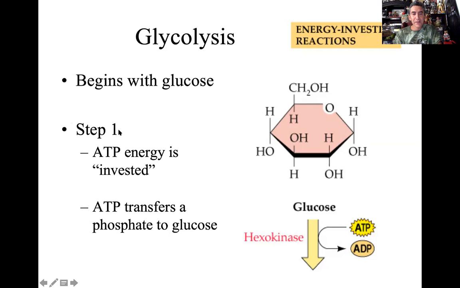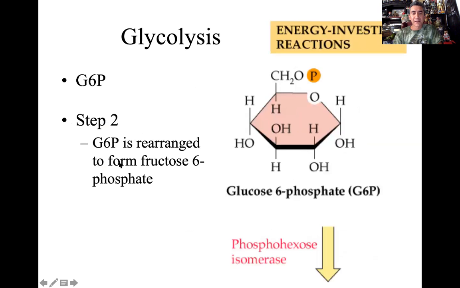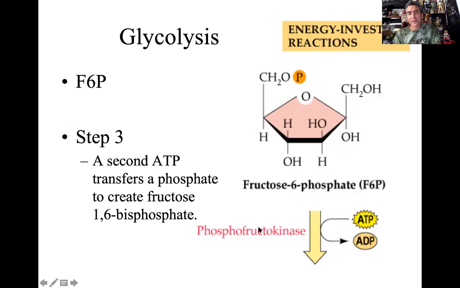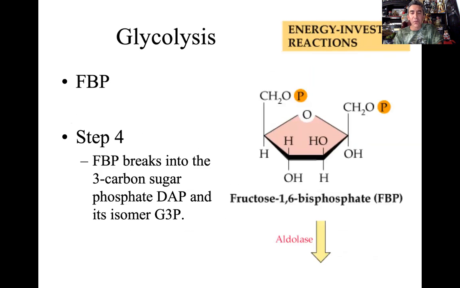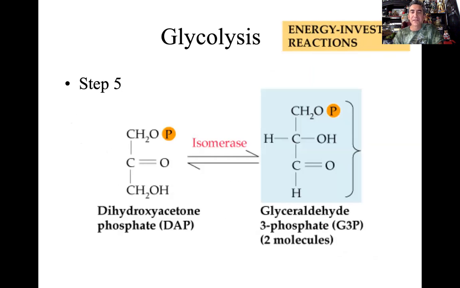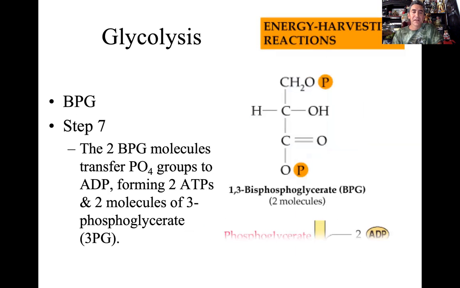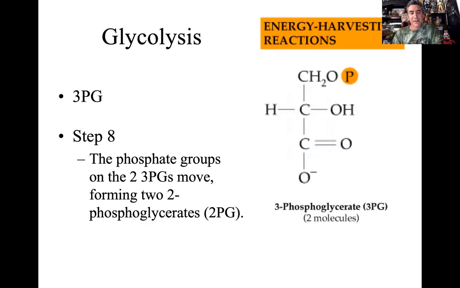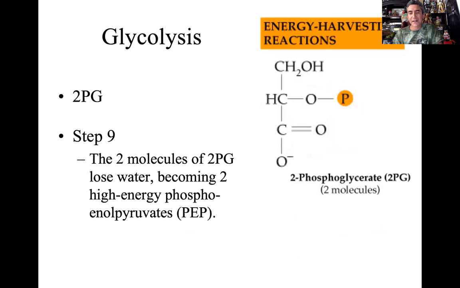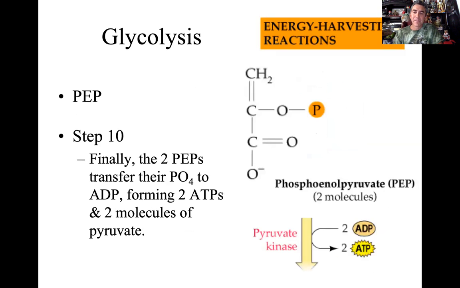It's step 1. What happens? There's the enzyme in red. It gives you the name of the molecules, enzyme in red. So step 3, step 4, step 5, step 6, 7, 8, 9, 10.